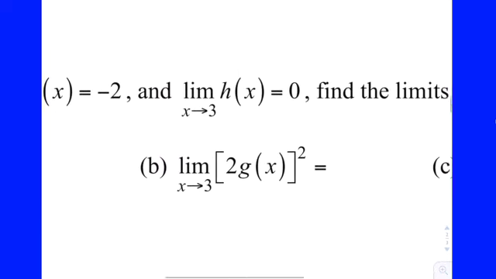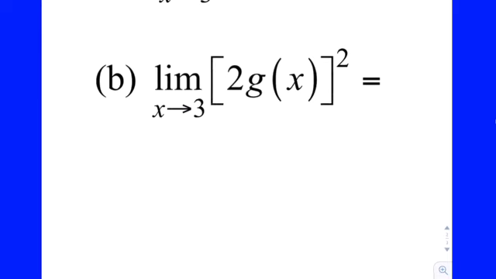Okay? Letter B. Go ahead and try this one on your own. And if you feel like you're already ready to skip that property step, the rewriting, go for it. I'm going to go ahead and write it.